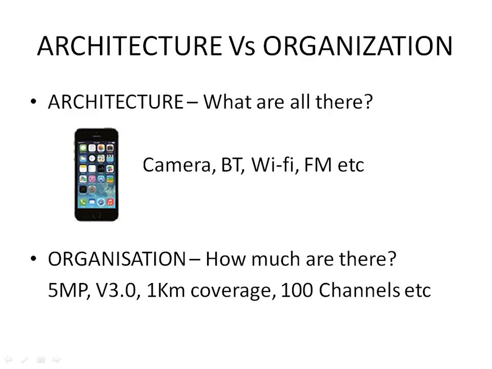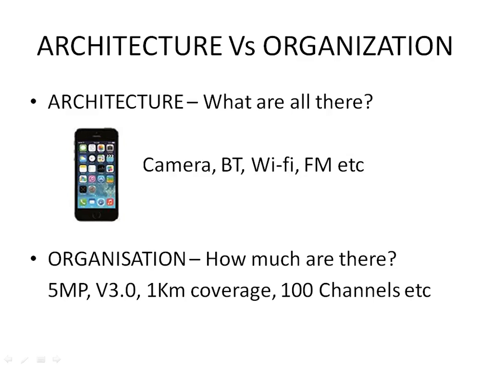Let us take a smartphone as our example, or even your own house. Architecture deals with what components or facilities are available inside the particular device. In a smartphone, we can see what components are available inside.